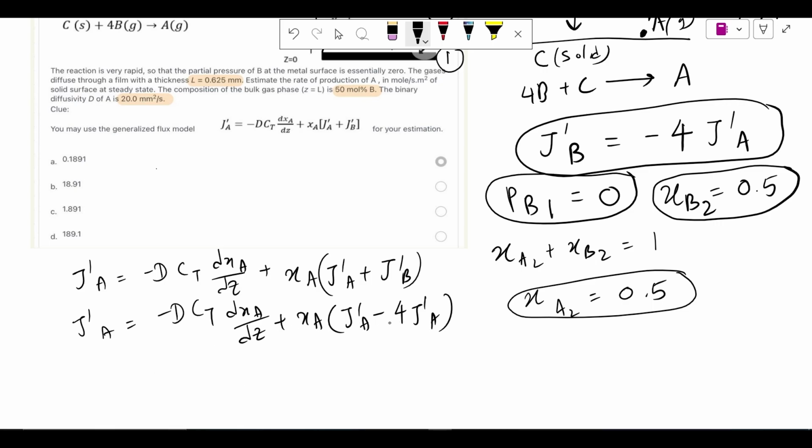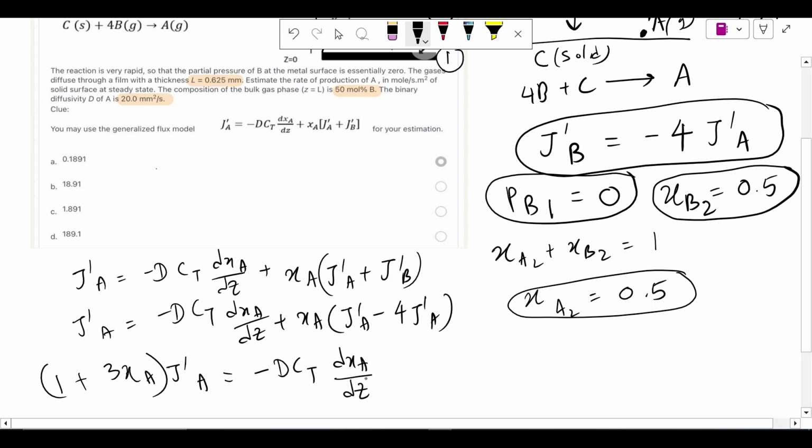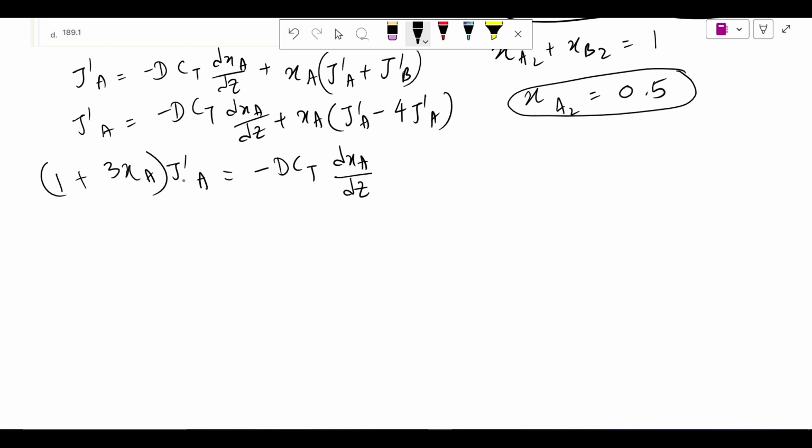This is going to be minus 3 of the flux of A. It will go to the other side, and so we simplified the equation, and now we need to integrate and solve the equation, right?